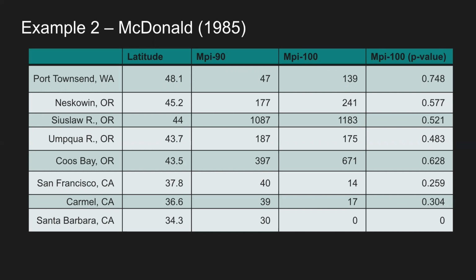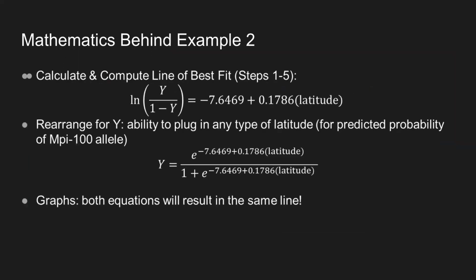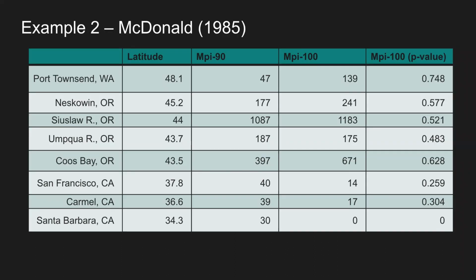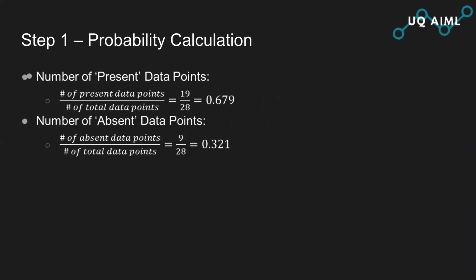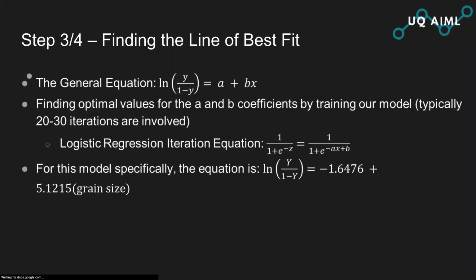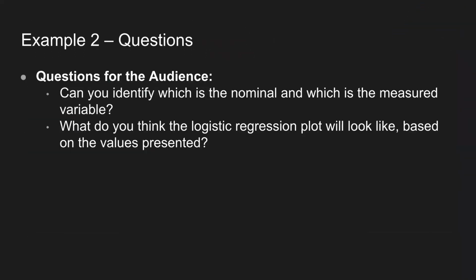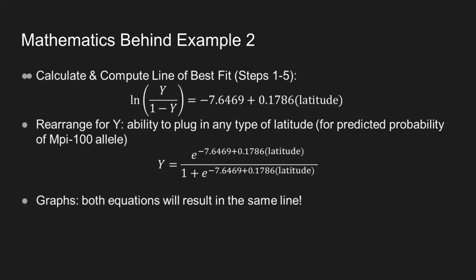I'll go over that in just a bit. Then you just do the whole process from before, the step 1 to step 5 thing I showed. I simplified that because it's the same process.